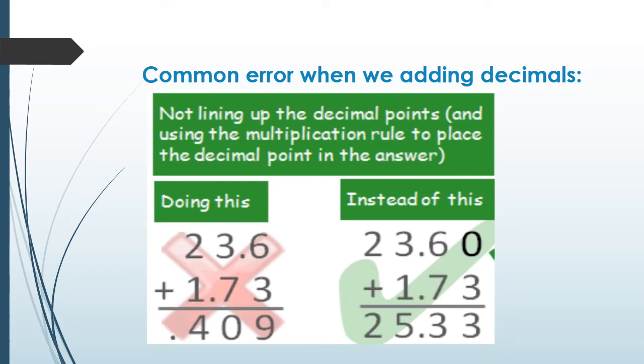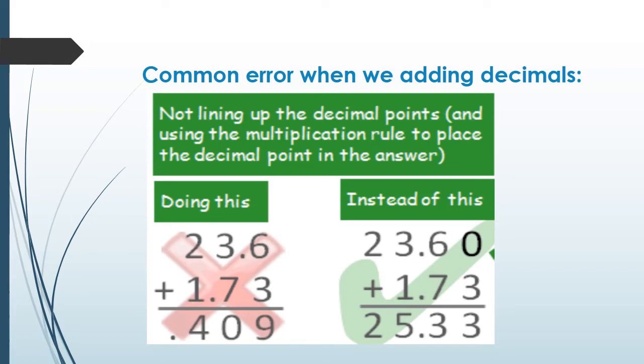Here, in the first case, if you didn't put the decimal point below the decimal point, your answer will be wrong. Why? Because you will add 6 plus 3, 6 in the tenths and 3 in the hundredths, so we can't add these two together. That's why all the numbers will be wrong.